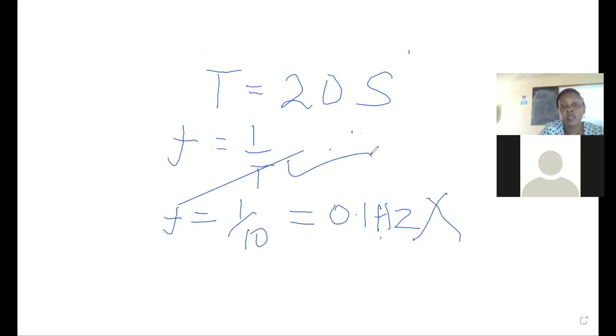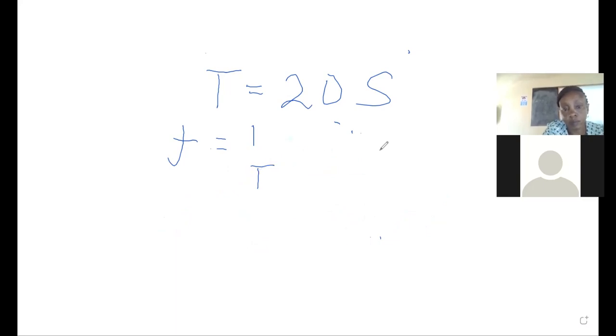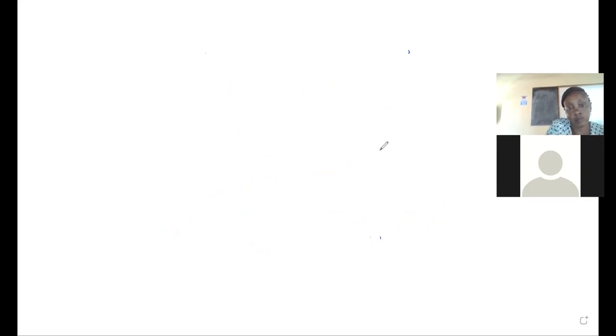But we have the subsequent question part, which was asking for the wavelength of the wave. So we now use this answer, 0.1, in that other question. That other question was 3 marks. For the first part, you got 1 mark for the formula.